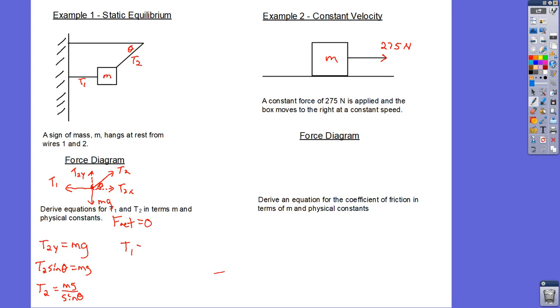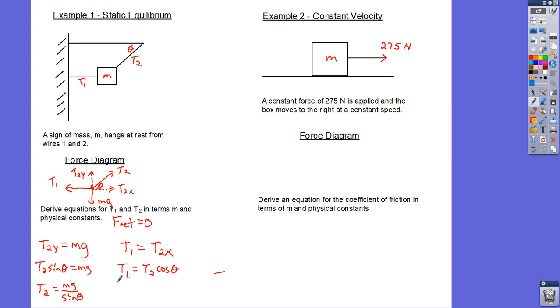T1, the two x forces have to be equal to each other. So T1 has to equal T2x. Okay, they have to balance each other out. And so if we take T2x, so T2x is equal to T2 times the cosine of theta.